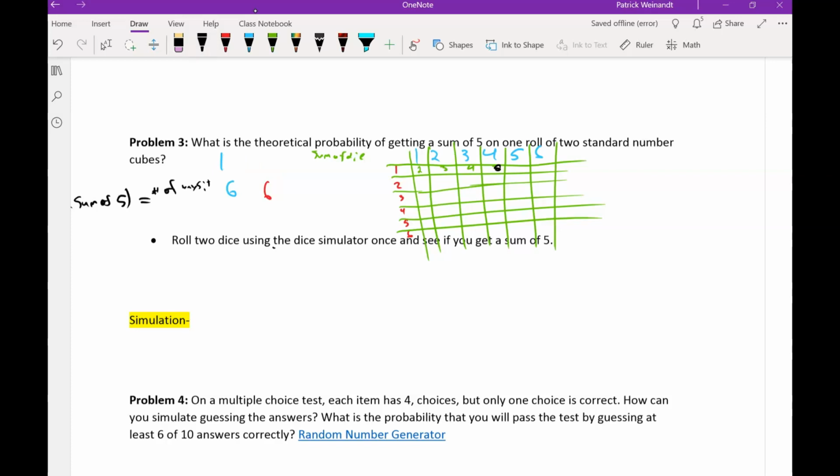I'm going to erase these dice, we don't need these anymore.